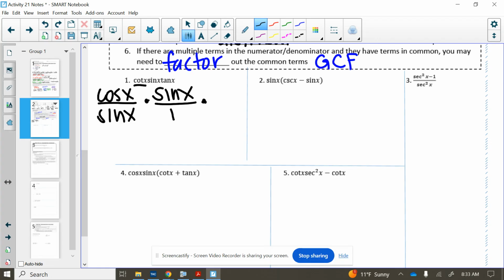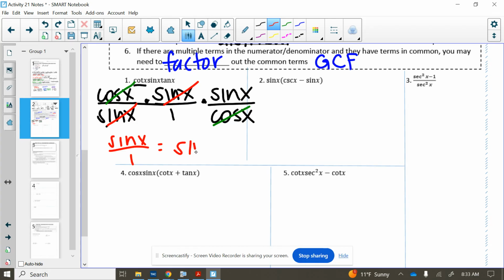Tangent can be rewritten as sine over cosine. And what we notice is since we're multiplying, some things can cancel out. For instance, we have a cosine and a cosine that can cancel. We have a sine and a sine that can cancel. And all we're left with is sine of x over 1, aka just sine of x, is what this can simplify to be.